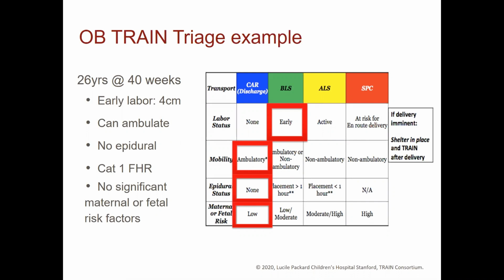And just like in the NICU and PD train, you take the most acute situation, which is she's in early labor. So you're not going to send her home, because even though she meets 3 criteria for the blue, she meets 1 that makes her needing to come to the hospital. So you're going to put her in a BLS rig and you're going to send her off to another hospital for her delivery. Next slide.